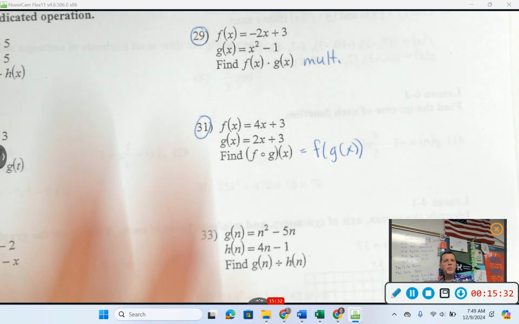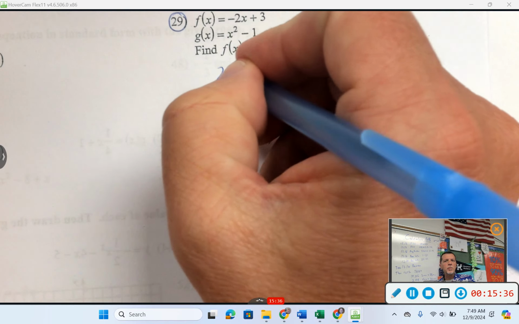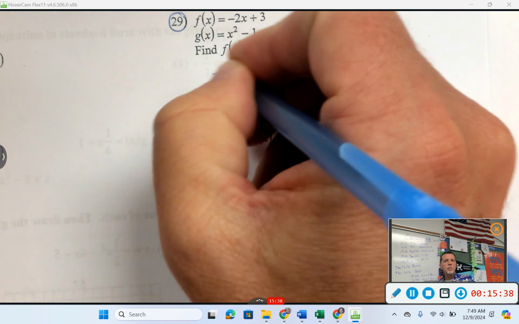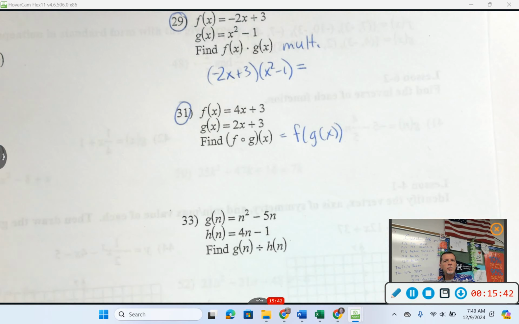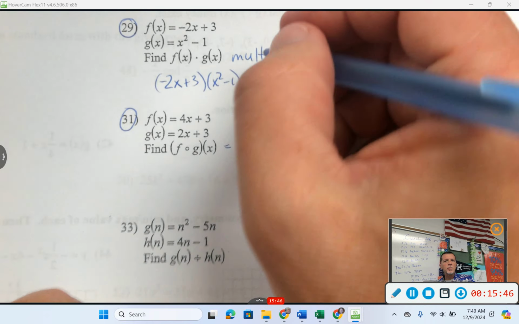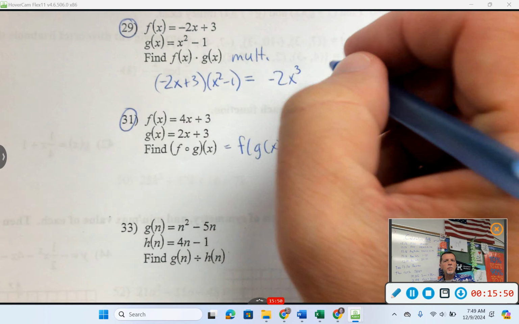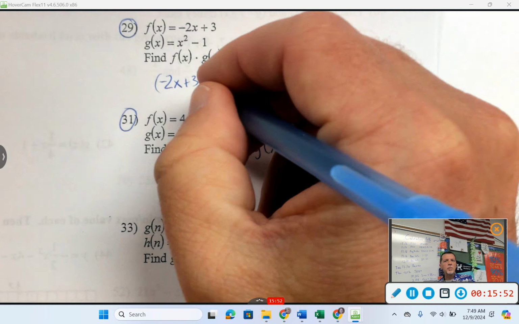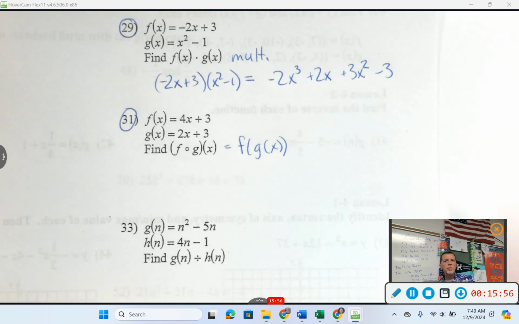Let's back up and do the easier one first, though. Multiplication: negative 2x plus 3 times x squared minus 1. That's not really that big a deal. It's like a FOIL problem: first, outside, inside, and last.